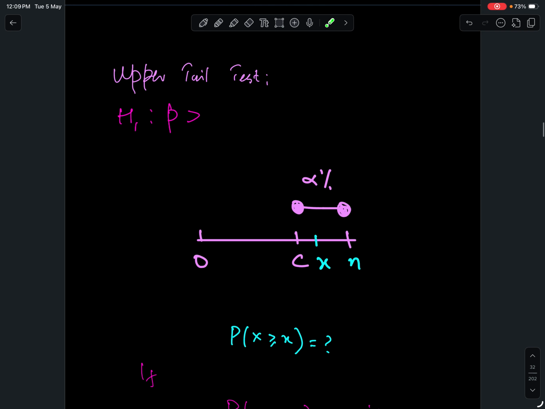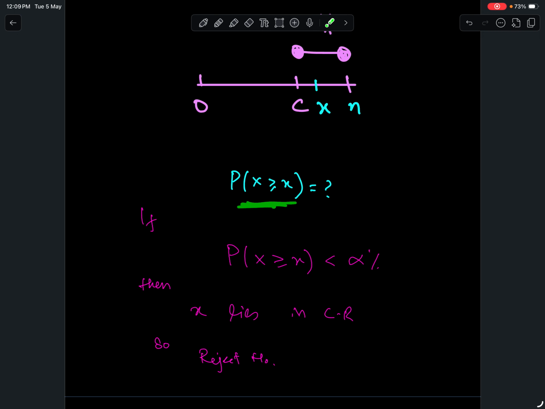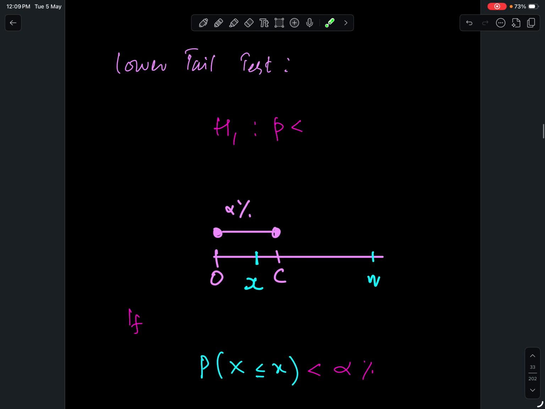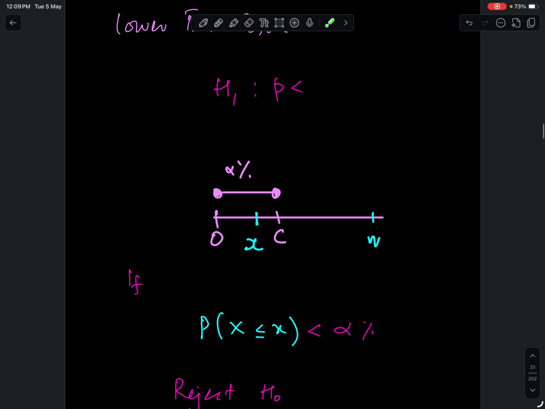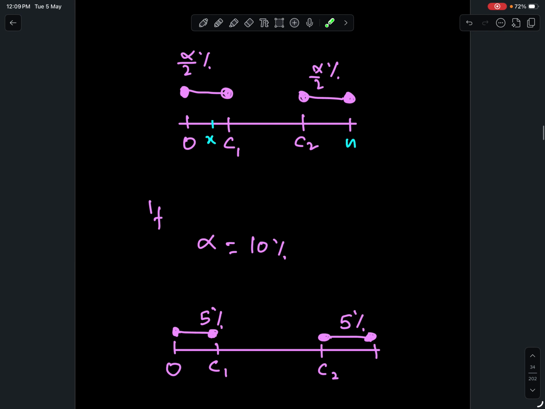If H1 involves a greater sign, then find this probability: X is greater than or equal to the test value. In a lower tail test, since it is a lesser sign, it is less than or equal. In two tail, if X is close to 0, go for a lower tail test.